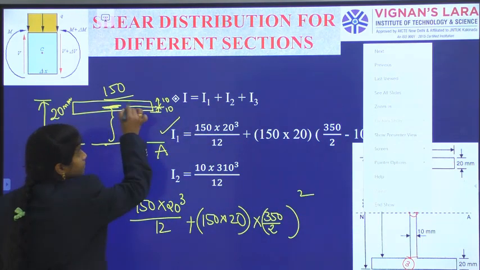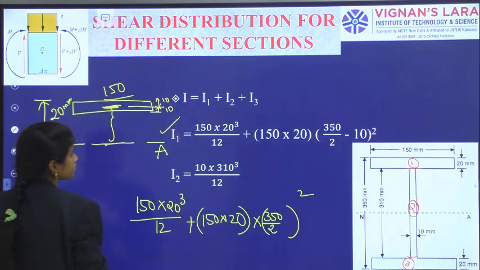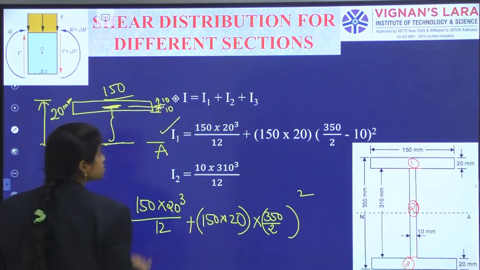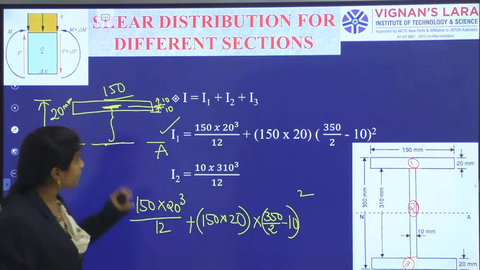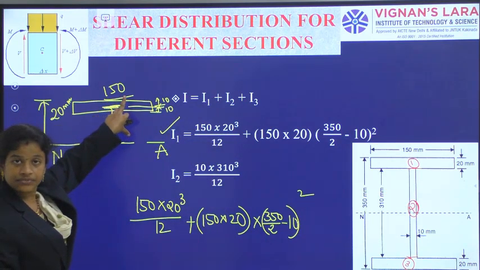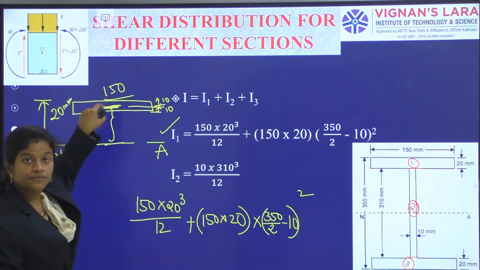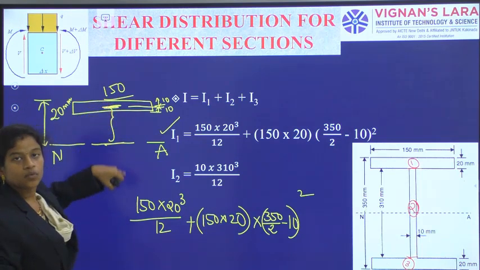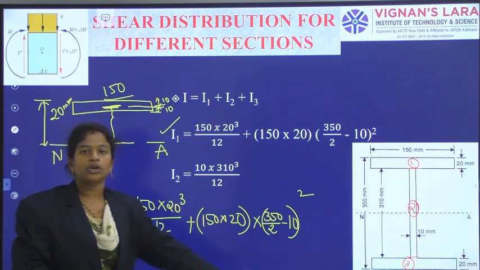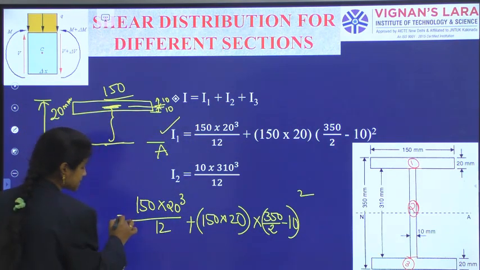Now, in the 350 by 2, how much portion should I remove? That is minus 10, because this total is 350 by 2, and I should write the distance of the centroid from the neutral axis. So, from the neutral axis to the centroid, what is the distance? That measurement only I should write here. Okay, BD cube by 12 plus A y square.